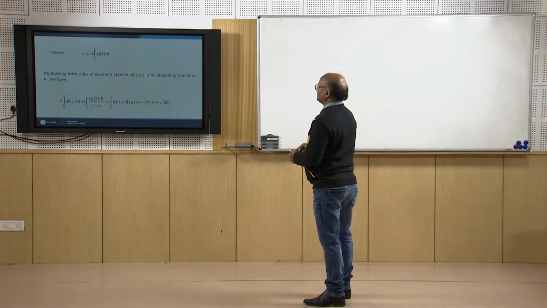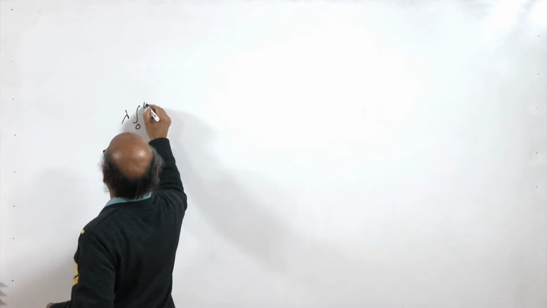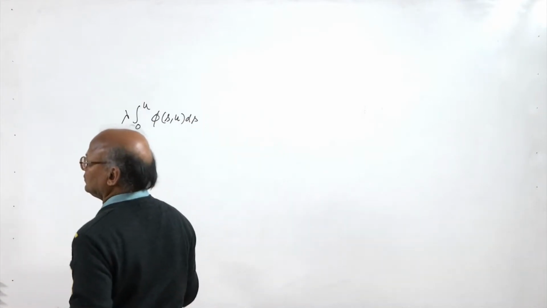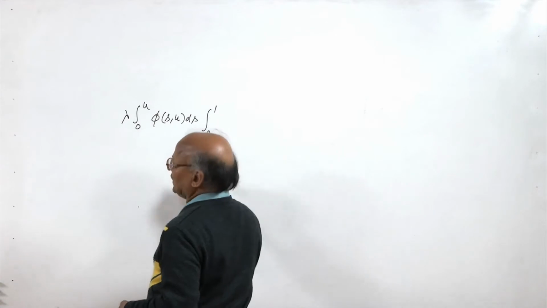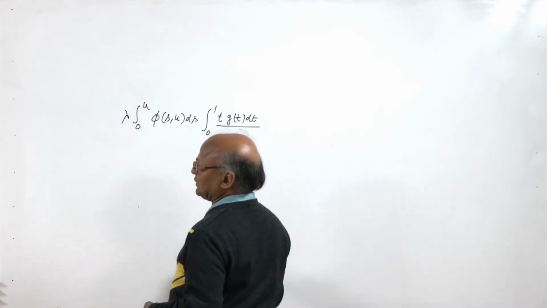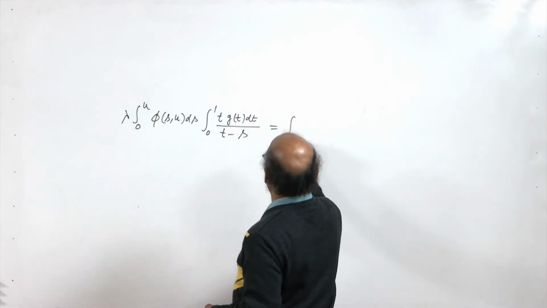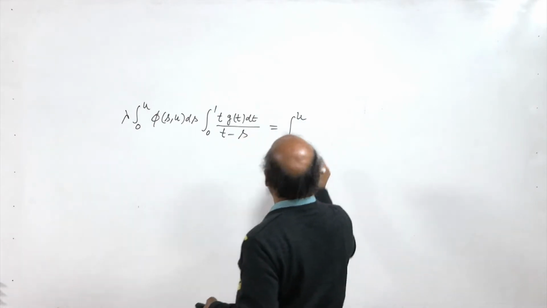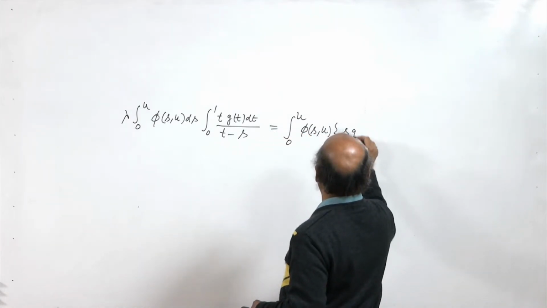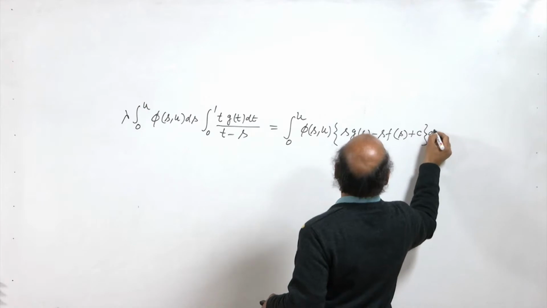Now let us change the order of integration. Let us see how we change the order of integration. So we have lambda times integral 0 to u phi(s,u) ds integral 0 to 1 t g(t) dt divided by t minus s equals integral 0 to u phi(s,u) into (s g(s) minus s f(s) plus c) ds.